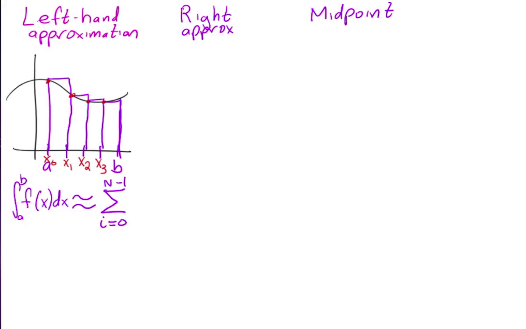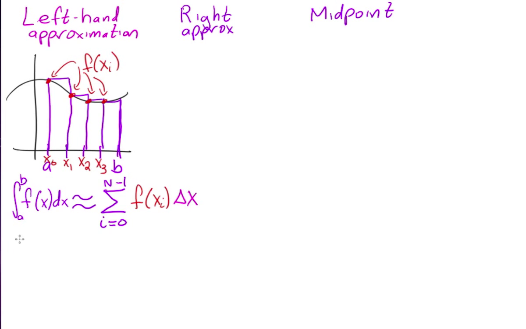So the height is given by, hint, all the values of the function, right? That's labeled as f of x sub i. So this is f of x sub i times the width, which is labeled as delta x.